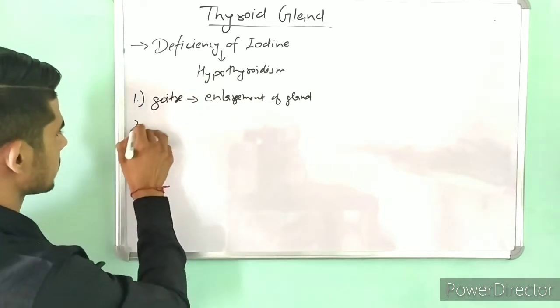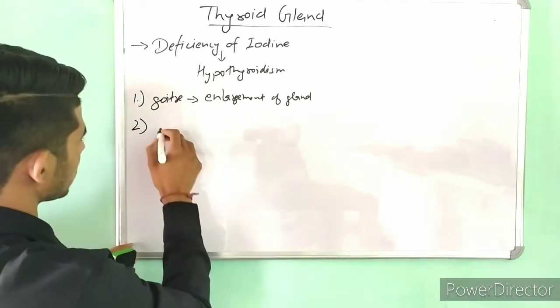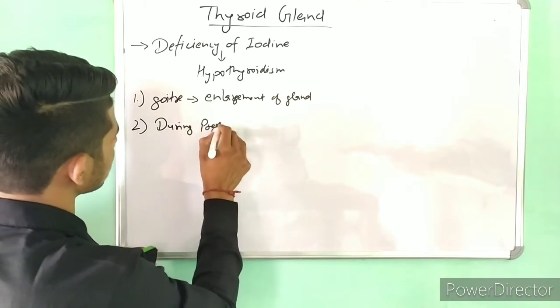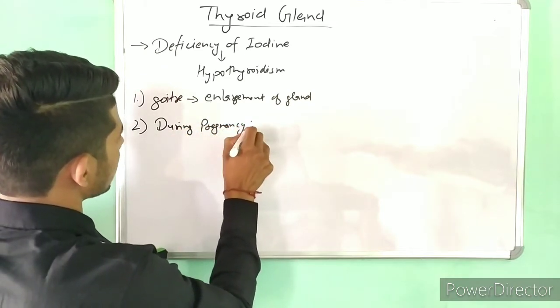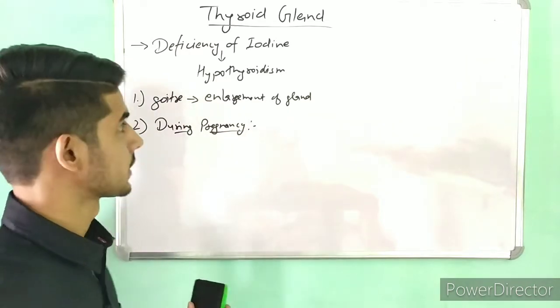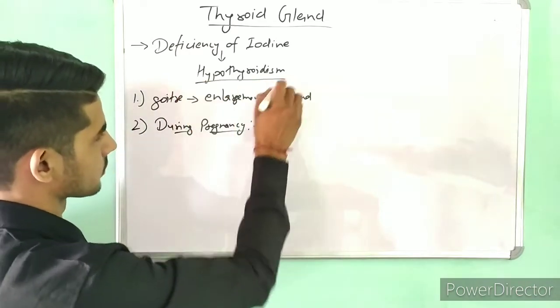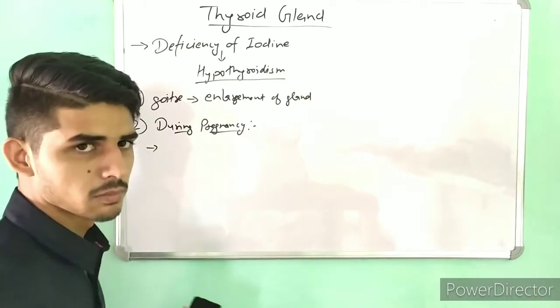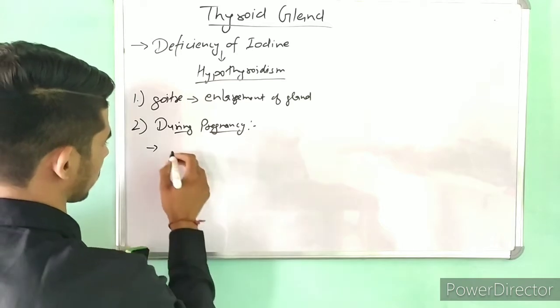And the second case is during pregnancy. If during pregnancy the mother has the condition of hypothyroidism, then the development and the maturation of the baby is defective.